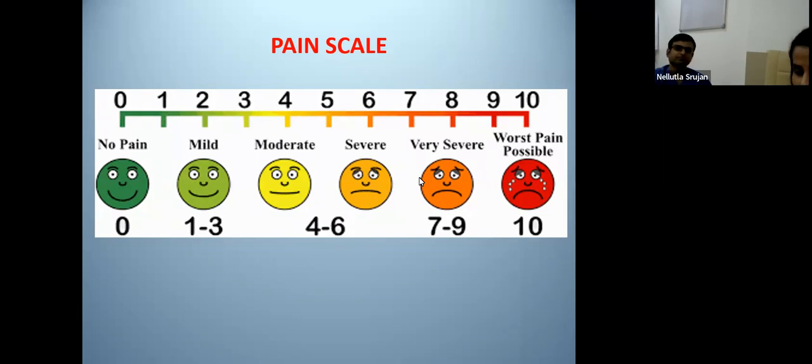Once you find the sugar is 60, then immediately we have to start the patient on 25% dextrose, 50 ml. After 30 minutes, you monitor and check the sugars, because the patient is nil per oral. Till then, we need to monitor the sugar levels. Once the patient starts, how frequently?